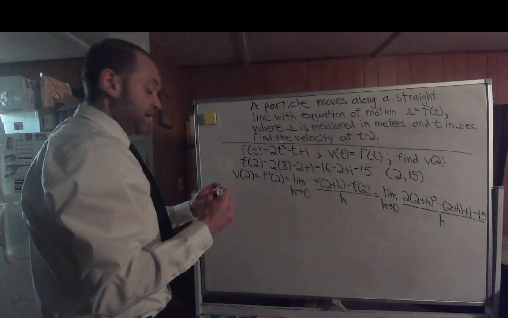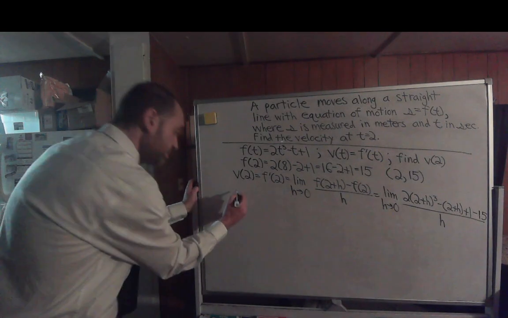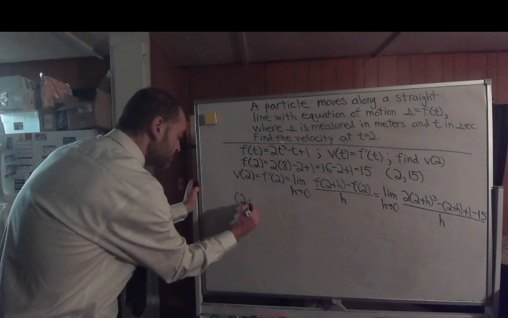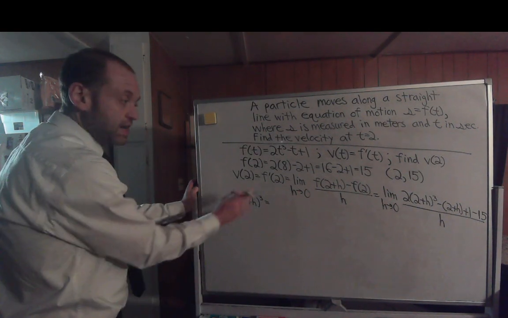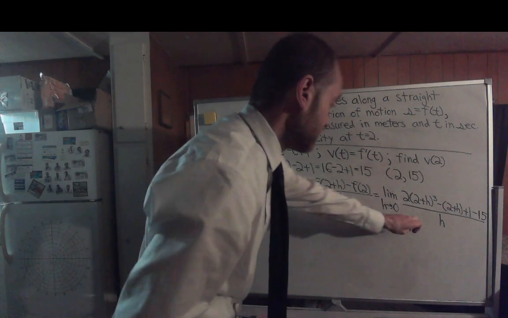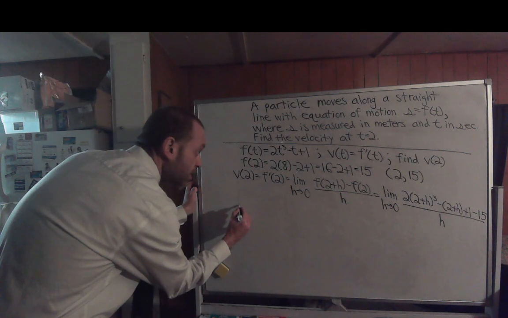On the side, I'm going to expand that 2 plus h to the third power. So let me just do that real quick. I'm going to use the binomial theorem and expand this. And then I'll erase it because I'm going to put it into the function. Let me come down a bit so I don't run out of room.